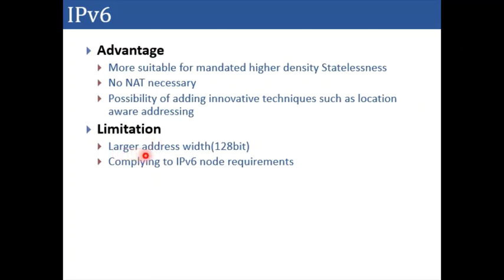It has a larger address width, that is typically 128-bit addressing is required for IPv6, and another limitation is we have to comply with IPv6 node requirements, and since right now we have a lot of devices which are compliant to IPv4, we need to modify the configuration of those devices so that they can be made IPv6 compliant.